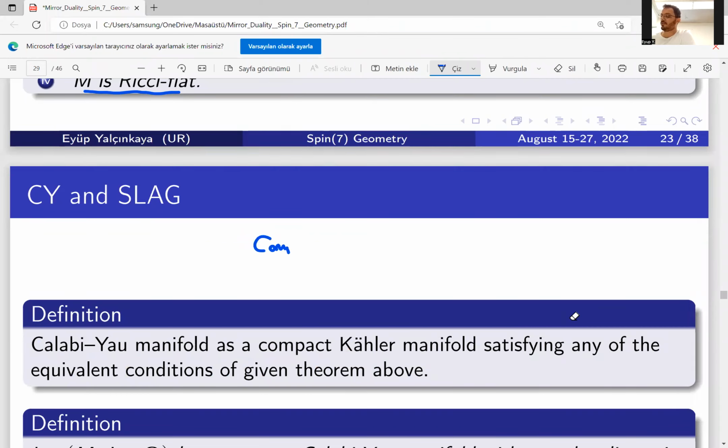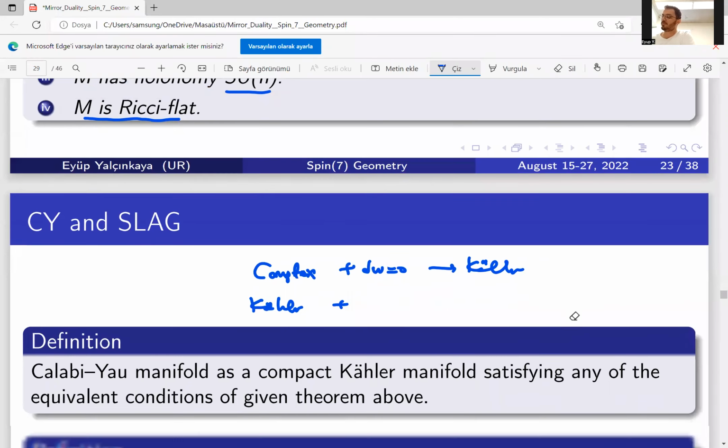If you have a complex structure, okay, put nabla J equal to 0, we will find the Kähler form, the Kähler manifold. And if on Kähler manifolds you put Ricci flat, or any of them, the holonomy SU(2), SU(n), okay, we can say that it is a Calabi-Yau manifold. And why is this important?